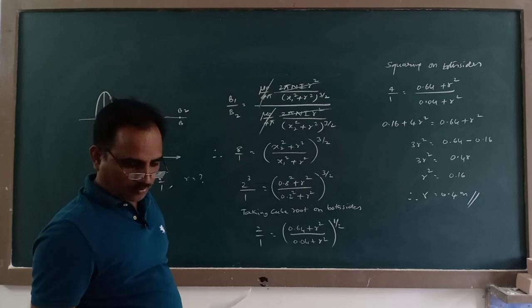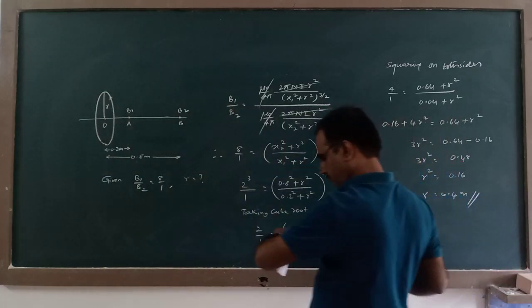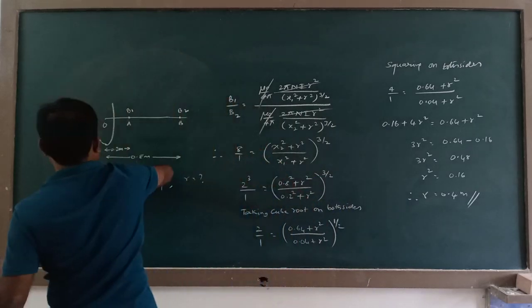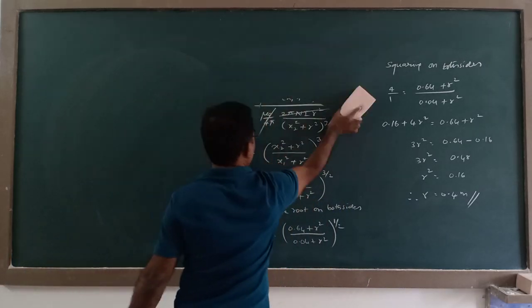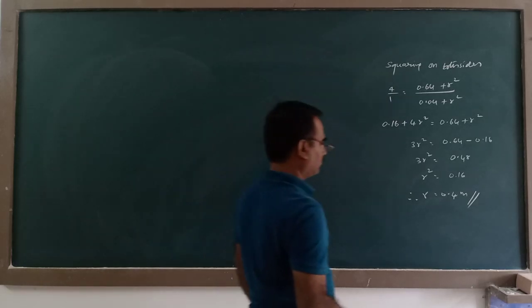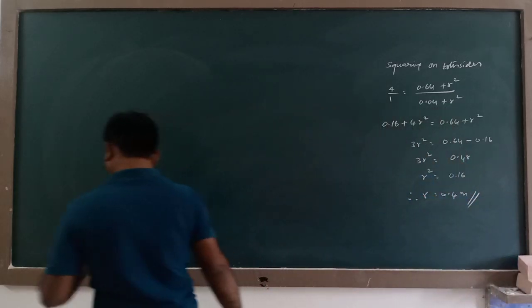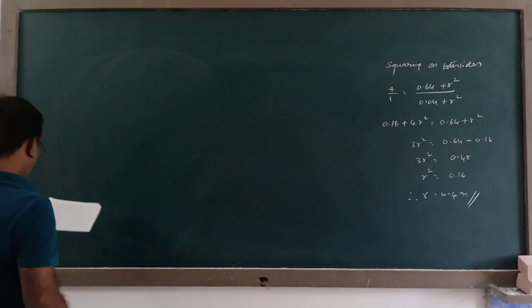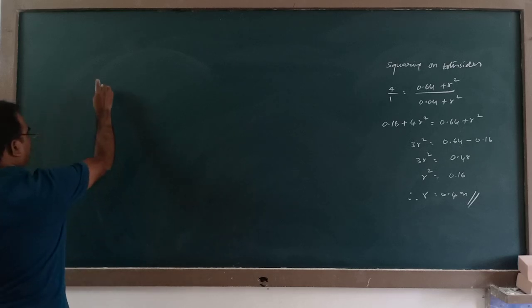You look at the next problem. Two circular coils A and B are placed coaxially with their centers 0.4 meter apart.